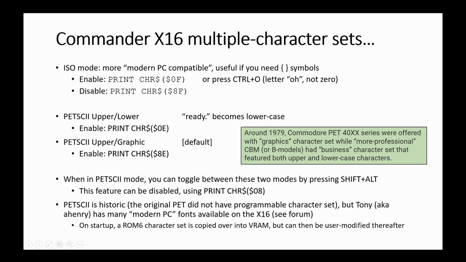It was sold having this business character set, and it impacted not just the character set but also the keyboard that was packaged with those systems. They had different keycaps corresponding to the character sets that they offered. The original Commodore PET didn't have programmable character sets; they were in ROM.